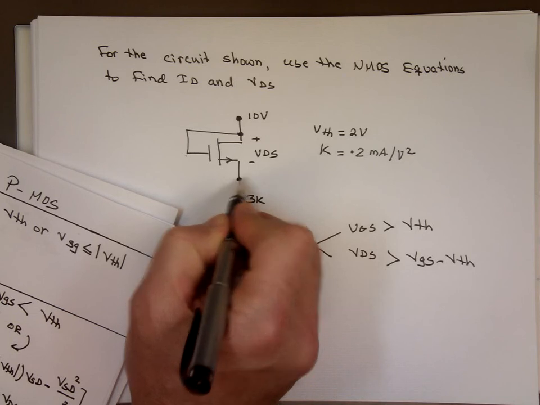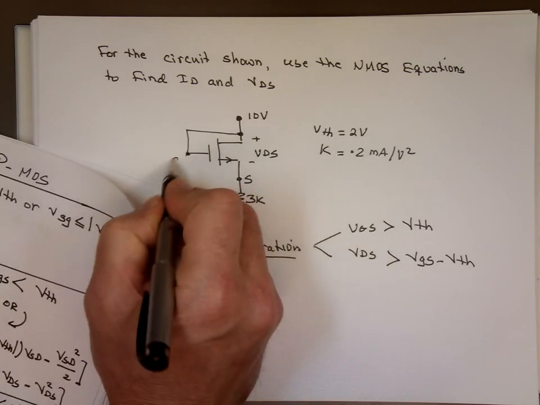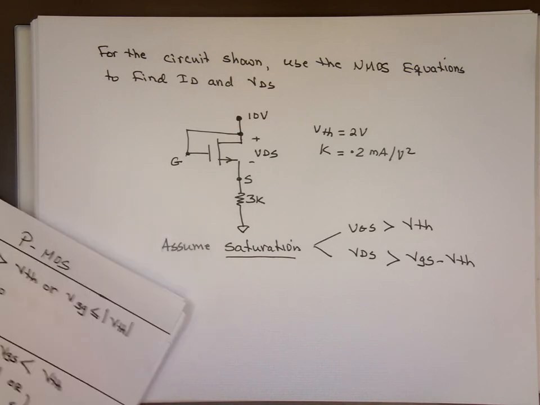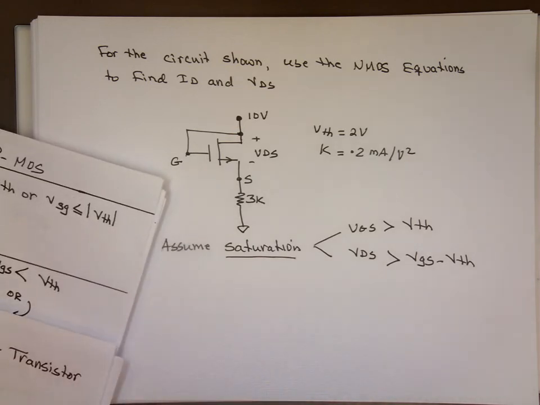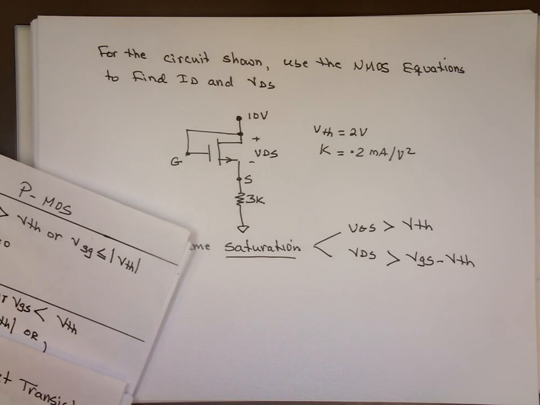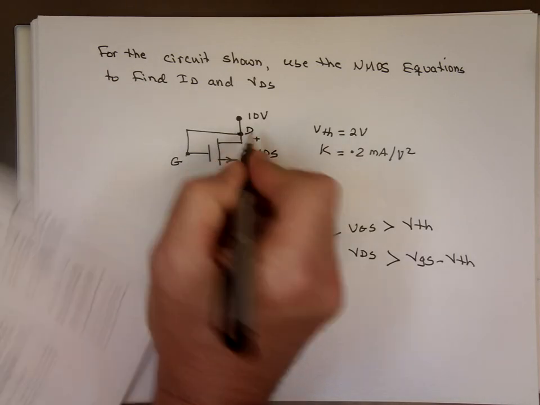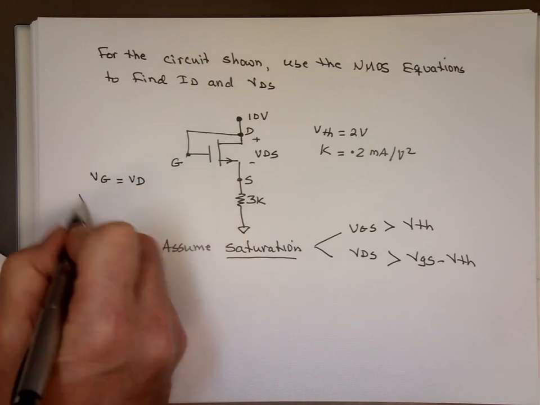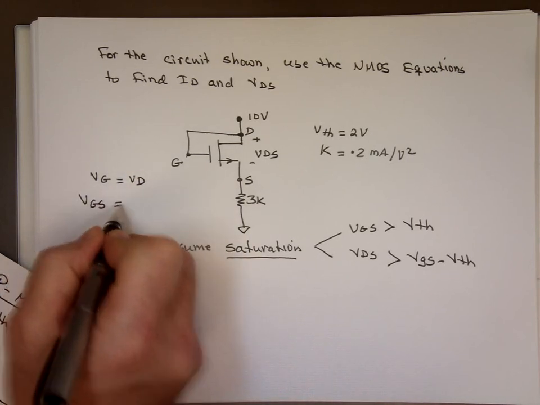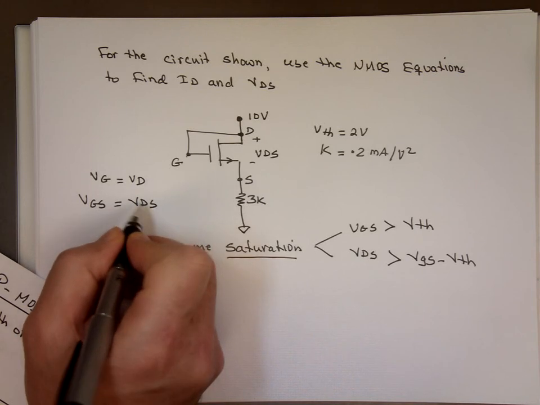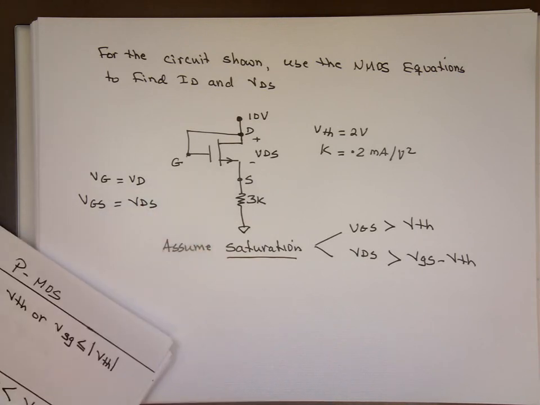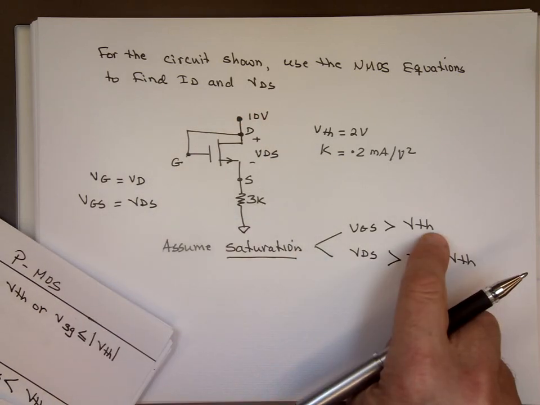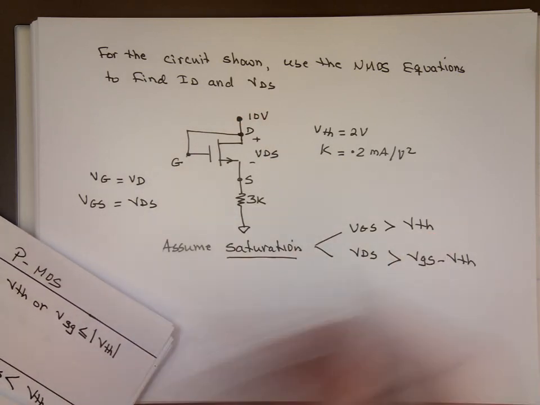This is the source, this is the gate, this is the drain. What do you notice about this circuit? That the voltage for the gate and the voltage for the drain are the same. VG is equal to VD. That means VGS is going to equal VDS. And if this is 10 volts, I guarantee you this is bigger than 2 volts.